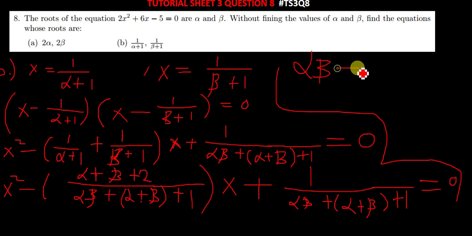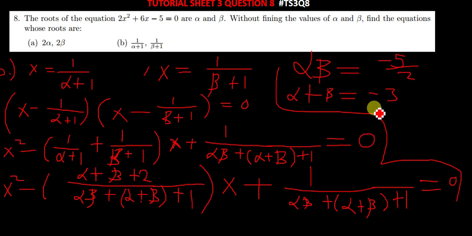So alpha beta from this equation is c over a, so it's negative 5 over 2, and then alpha plus beta will have negative 6 over 2, which gives you negative 3.